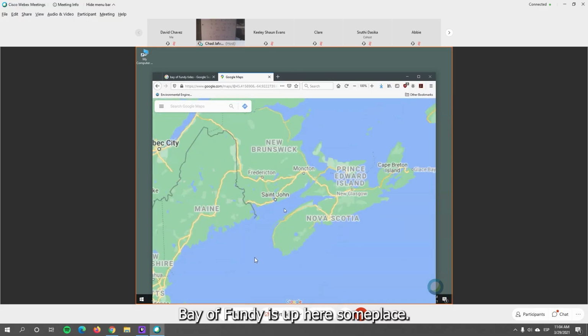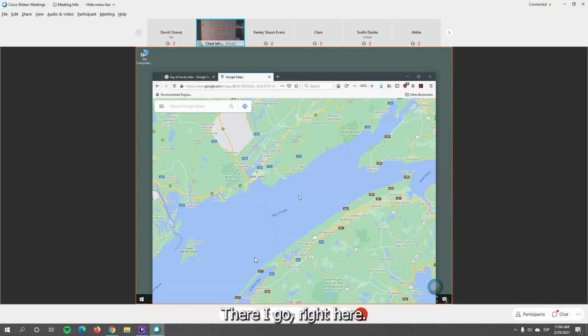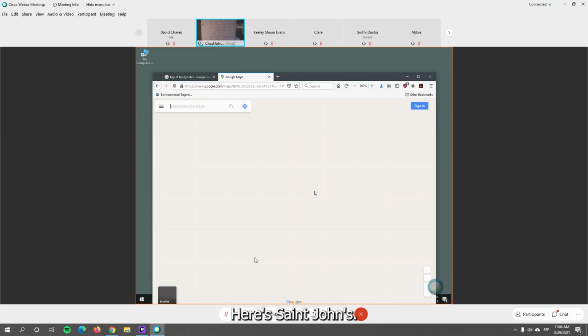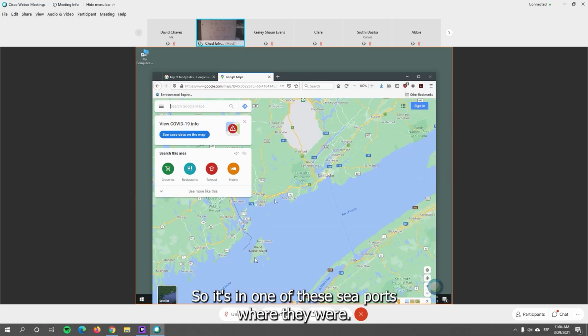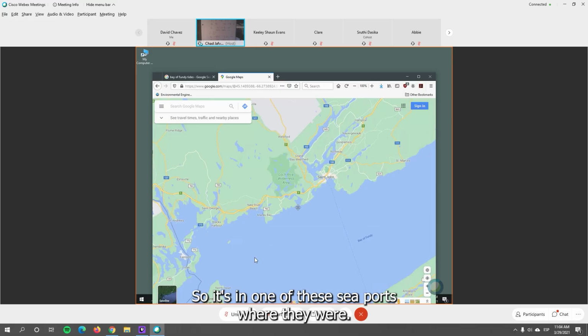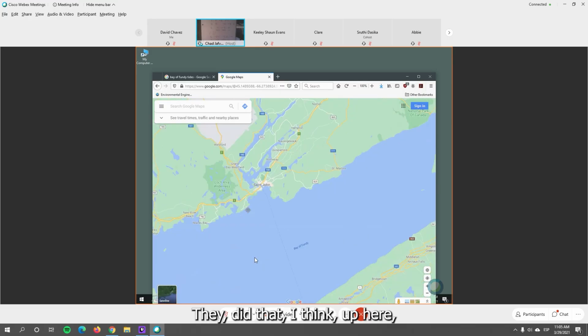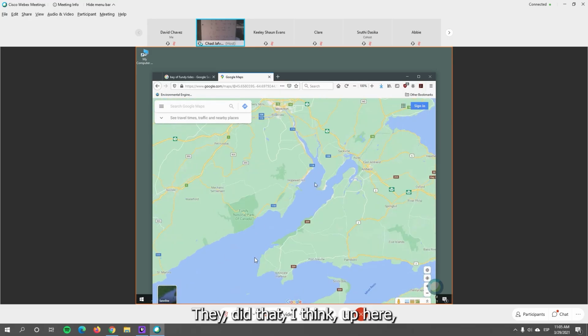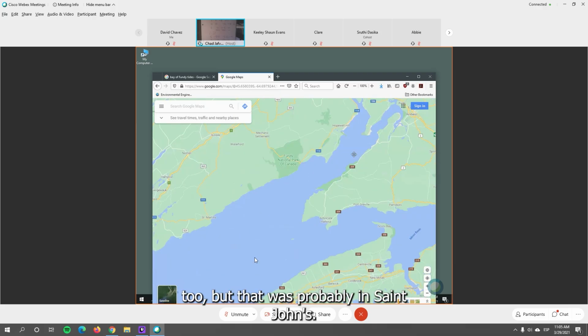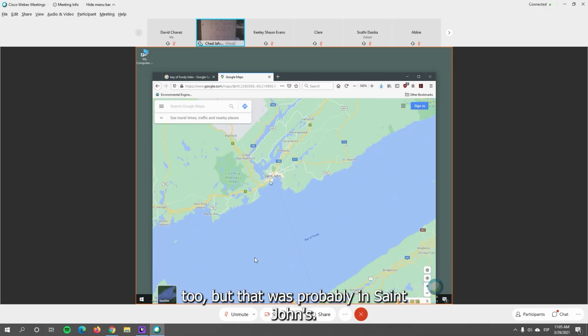Bay of Fundy is up here someplace. There you go. Right here. Here's St. John's. So it's in one of these seaports where they did that. I think up here too, but that was probably in St. John's.